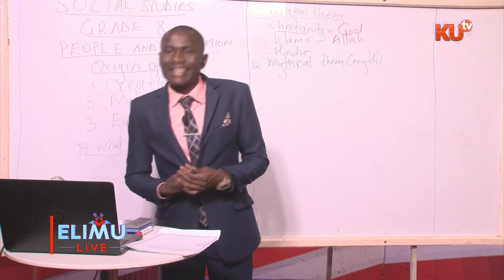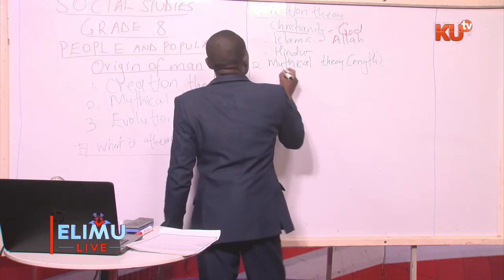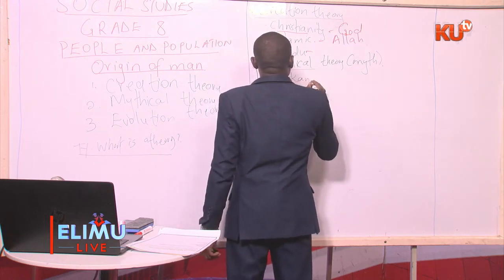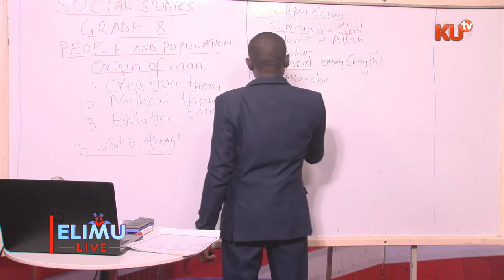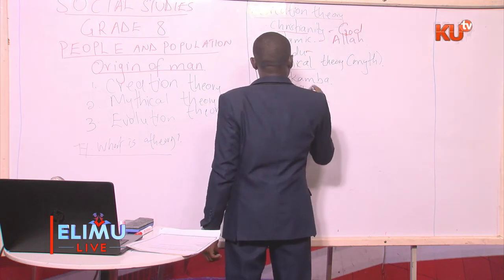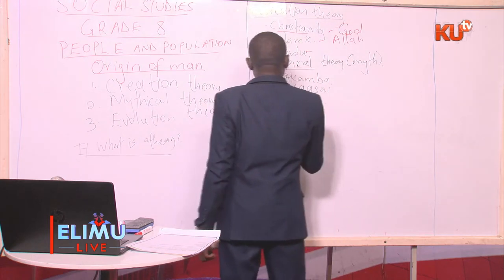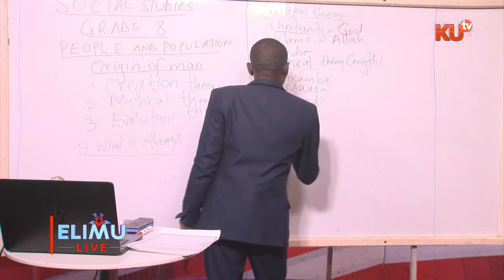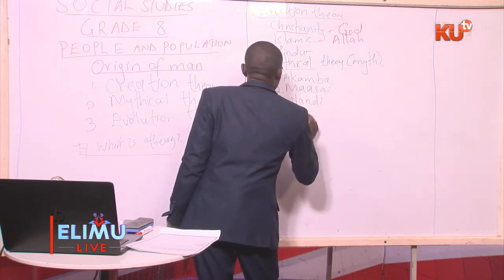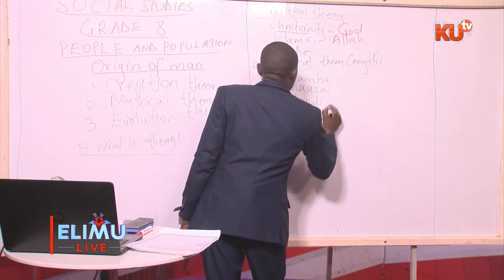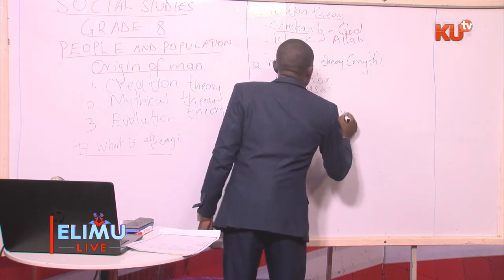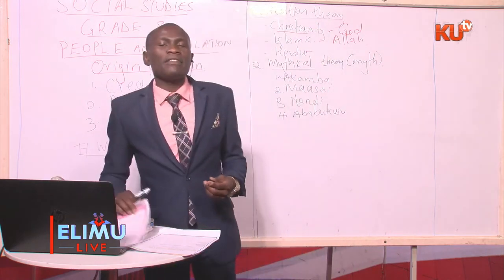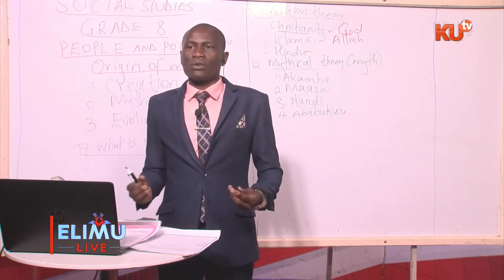We're going to look at the Akamba, the Maasai, the Nandi, and the Ababukusu. So, in other words, we'll be looking at how do these communities believe about the origin of their first person.